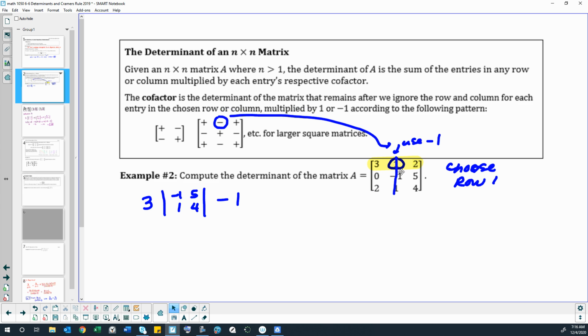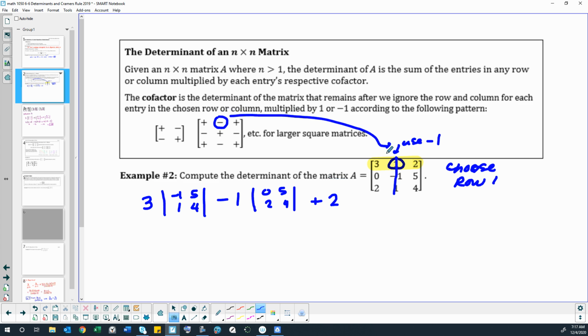I'm moving this line to cross out the column that number is in. So now I'm going to use the other numbers that are left over as a 2 by 2 determinant. So 0, 5, 2, 4. Then the last number in my row is a 2, and that is a plus. So I'm going to put a plus here.